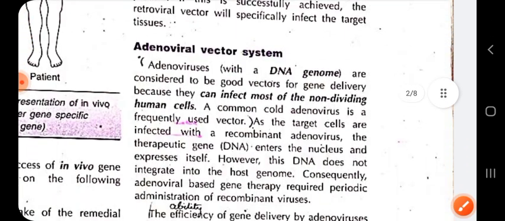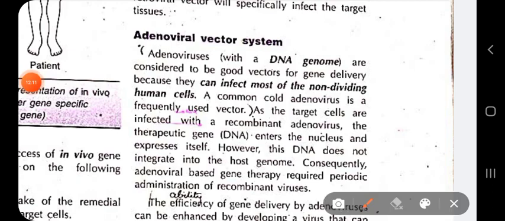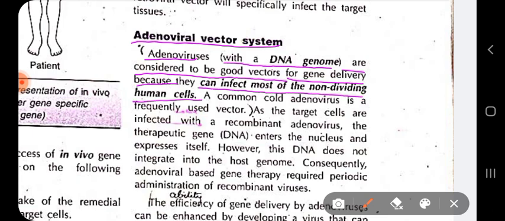The next type of viral vector system is the adenoviral vector system. Adenoviruses with a DNA genome are considered to be a good vector for gene delivery because they can infect most of the non-dividing human cells. So those cells which are in non-dividing stage can be infected by this adenovirus system.